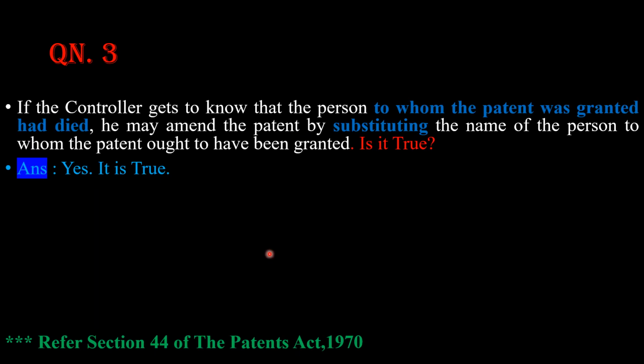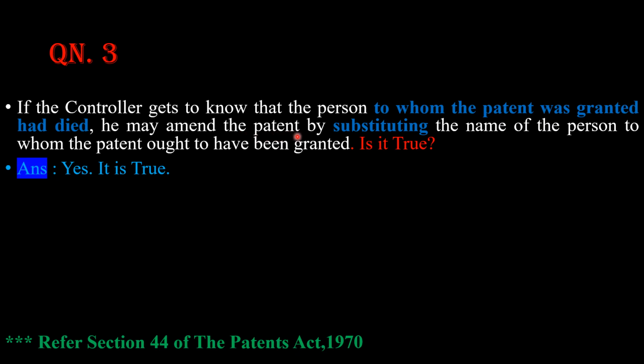If the controller gets to know that the person to whom the patent was granted had died, he may amend the patent by substituting the name of the person to whom the patent ought to have been granted. Is it true? Now you can just correlate between question 2 and question 3.